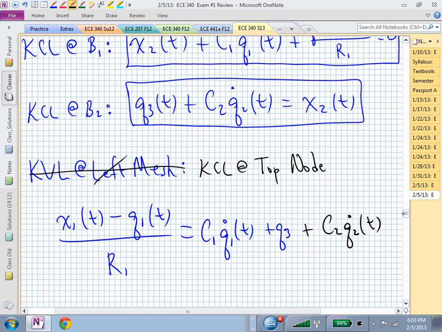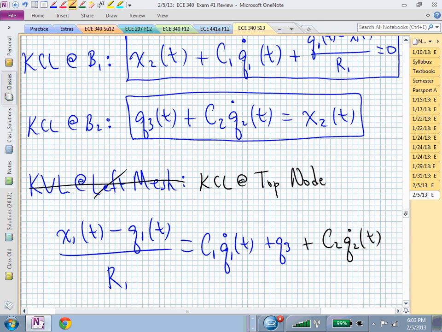Now I'm wondering, if you look at it, this is the same thing as those two top equations that I just wrote.